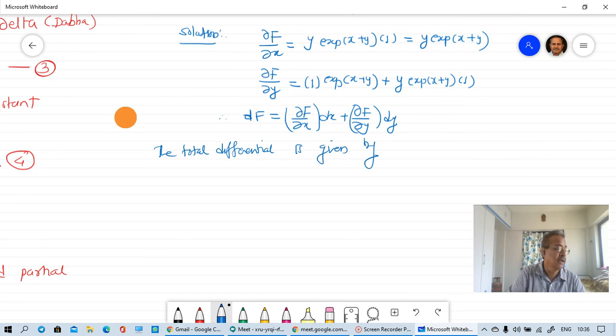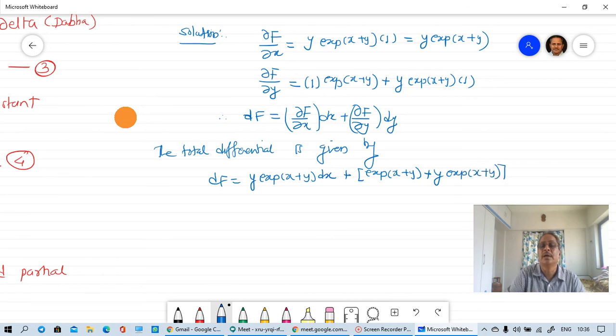Final expression is df is equal to delta f upon delta x, which is y exponential of x plus y, into dx, plus, now there are two terms, exponential of x plus y plus y times exponential of x plus y, into dy. This is my final expression for the value of df.